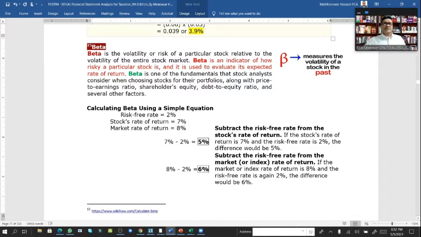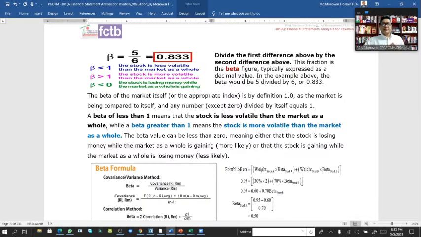If beta is less than 1, the stock is less volatile than the market as a whole. If beta is greater than 1, the stock is more volatile than the market as a whole. And if beta is less than 0, the stock is losing money while the market as a whole is gaining. This way, beta helps us in understanding and taking investment decisions.